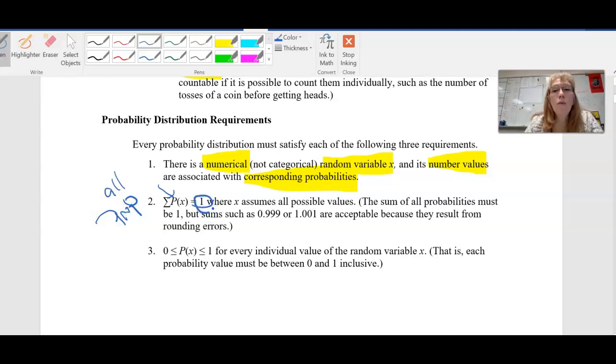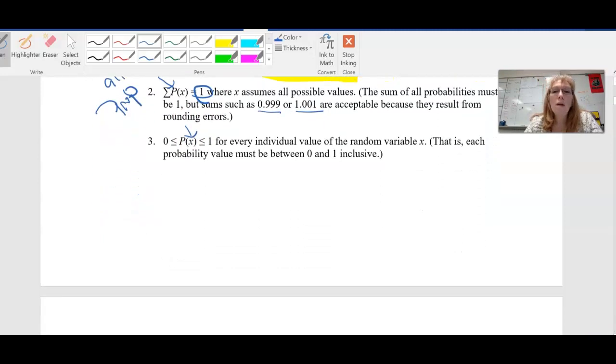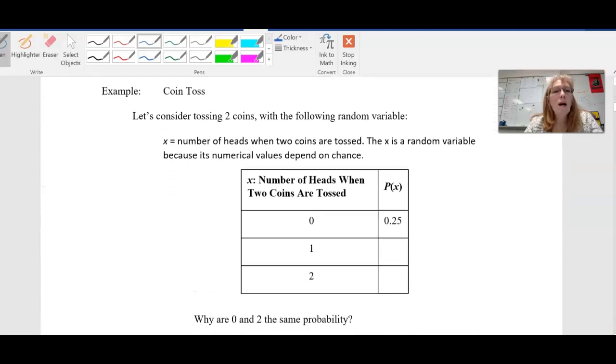It has to equal 100%. If we get 0.99 or 1.01, we accept those because those are rounding errors, but we try not to make them. Every probability in the set is between 0 and 1. It cannot be below 0 or above 100%. If that does not hold, it does not work.